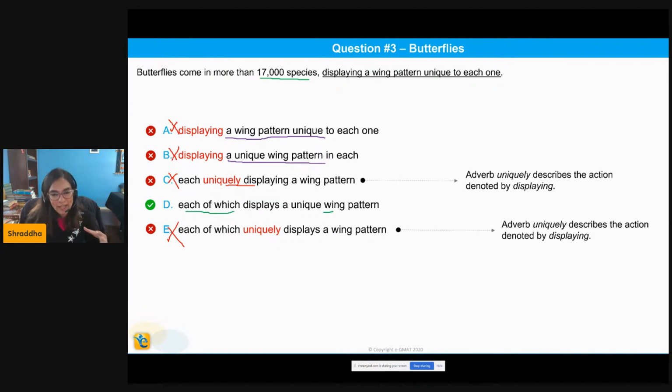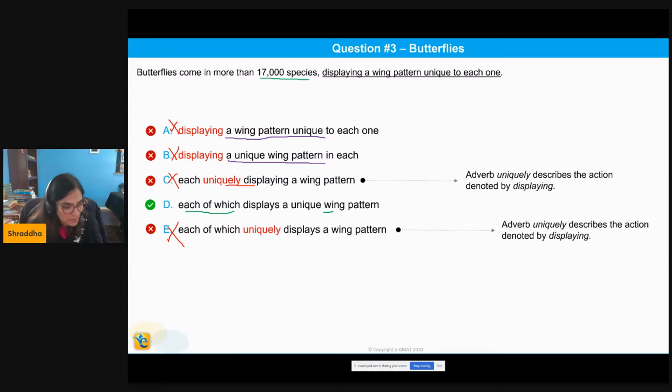There is no butterfly that does not have a pattern on its wing. So when you ask this question, you are not thinking from a logical perspective. You are not even thinking from how you have looked at butterflies. Every butterfly has a certain pattern on its wing. And that's what the sentence is telling us, that yes, every species of butterfly has a very unique wing pattern.